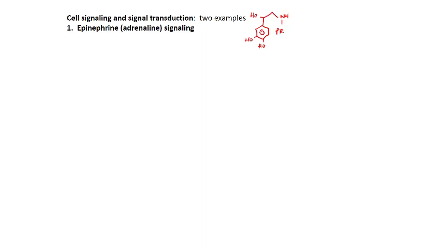And this is produced by the adrenal glands. And then it's secreted into the blood. So it circulates in the bloodstream and gets to cells such as muscle cells and liver, which are sensitive to epinephrine signaling. And so this molecule is going to function as our signal.